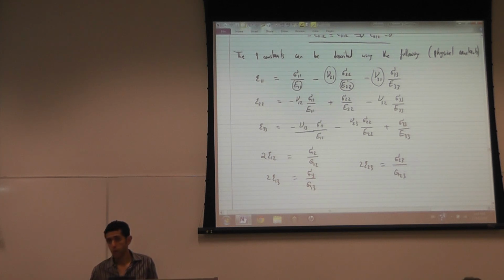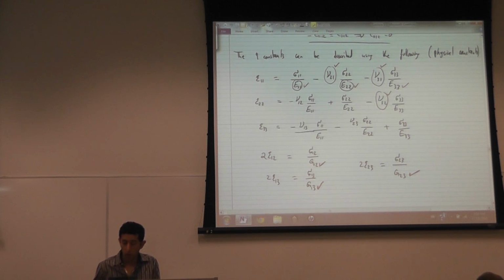If you're modeling an orthotropic material, for example using a finite element analysis software, the software will ask you for 9 constants. And the 9 constants will be E11, E22, E33, G23, G13, G12, and 3 Poisson's ratios. I don't remember which ones, it depends on the software, but maybe they will ask for those 3.